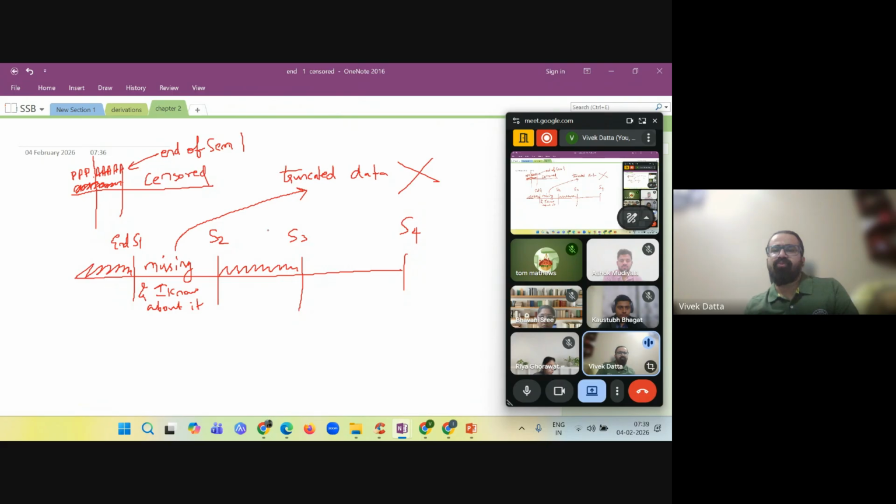So no one who's leaving the experiment can come back in. Okay, clear? And in censored data, until we know for sure they have left, we cannot assume that because they were absent from this date onwards, we will take the censoring from this date.